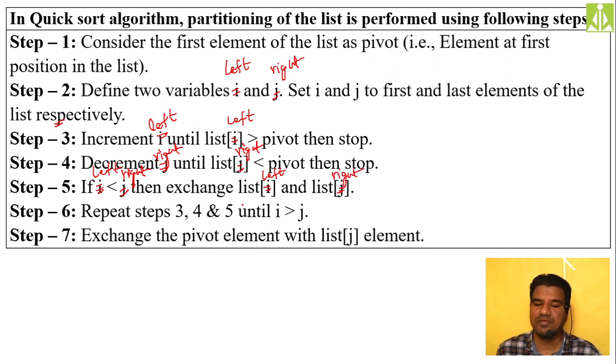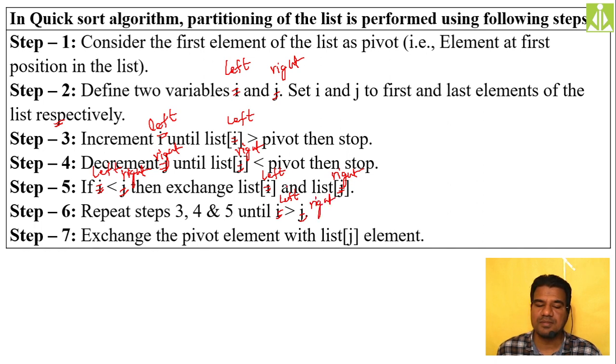I will change this in your notes, no worries. Simply, we swap list of left with list of right. Repeat the same steps from 3 to 5 until left is greater than right.